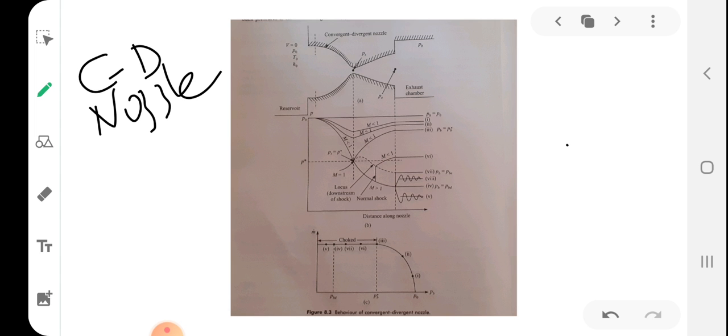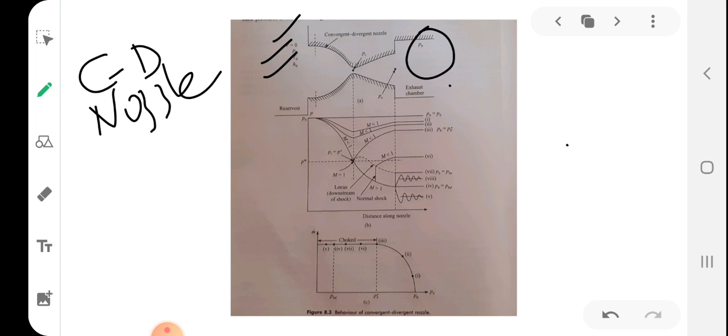Let a convergent divergent nozzle be fitted to a reservoir having constant stagnation conditions P0, T0, H0, exhausting into a region where the back pressure can be varied. So the back pressure can be varied with the help of a valve or something like that.